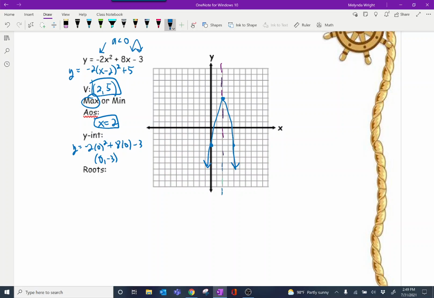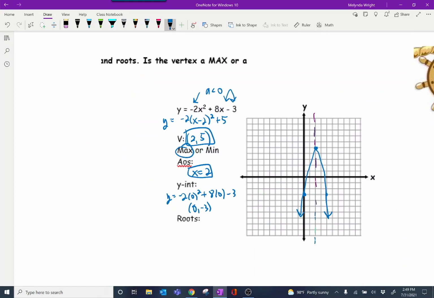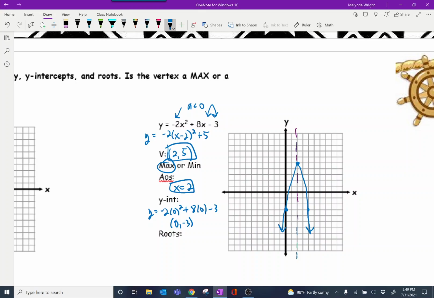Let's think about what techniques we can use to find the roots. So let's just write them up here. What can I do to find the roots or solutions? I could do quadratic formula.